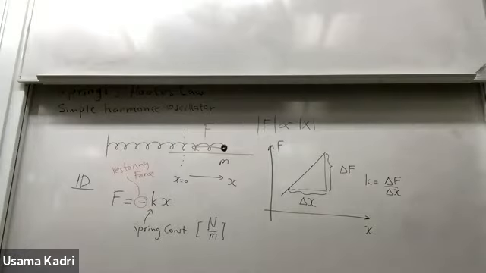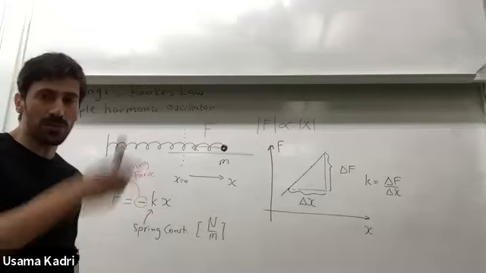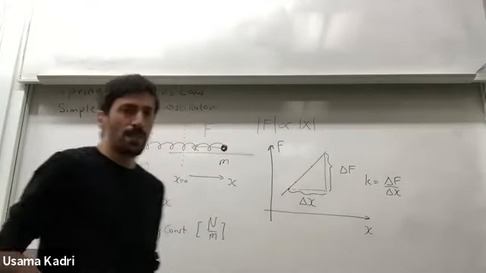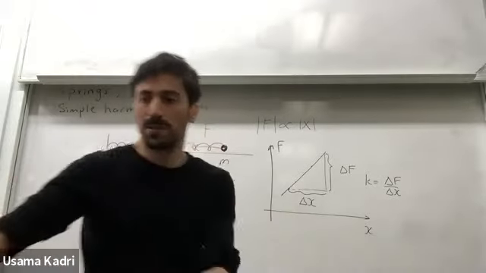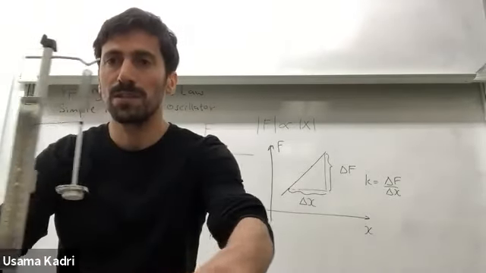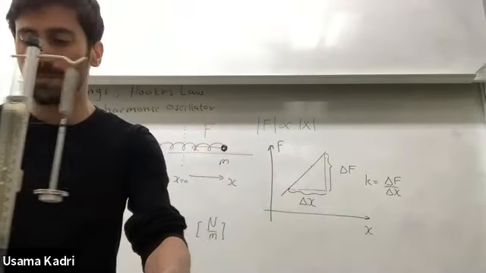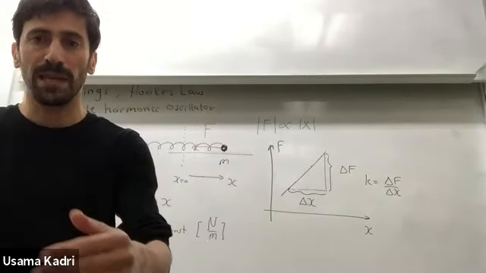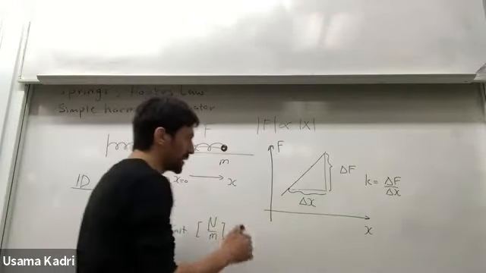Now, maybe you're not convinced. I just put one mass, so it went only one point. If this is a Hooke's law type spring, then if I add the same mass again, we're going to see that it always goes by the same delta x.